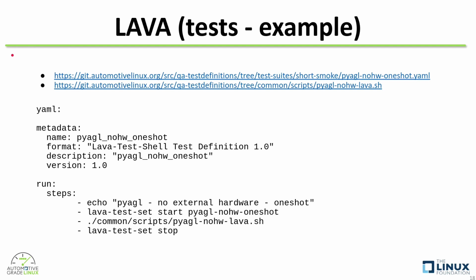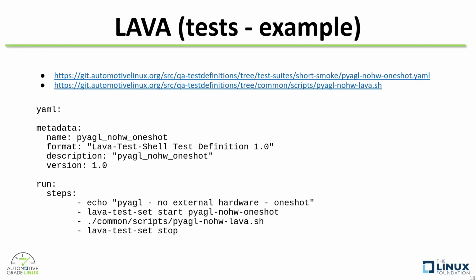Here's an example for the metadata file. There are two things: one is the YAML file, the metadata, and one is the script. The YAML file first. It just comes with some description, and then we have down there the run steps, which execute shell-like commands.